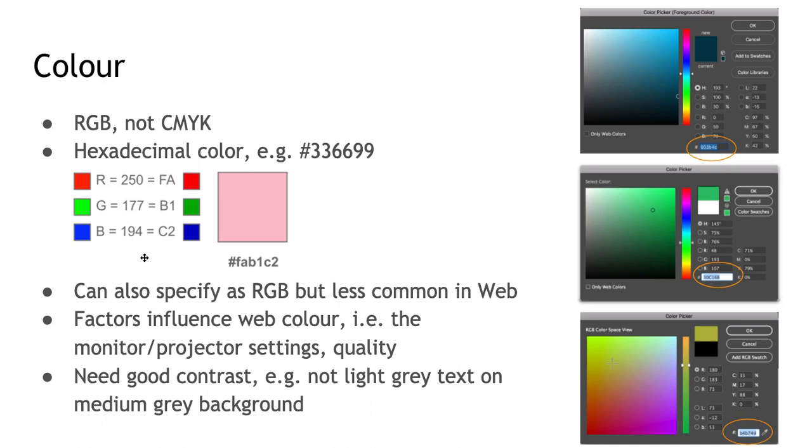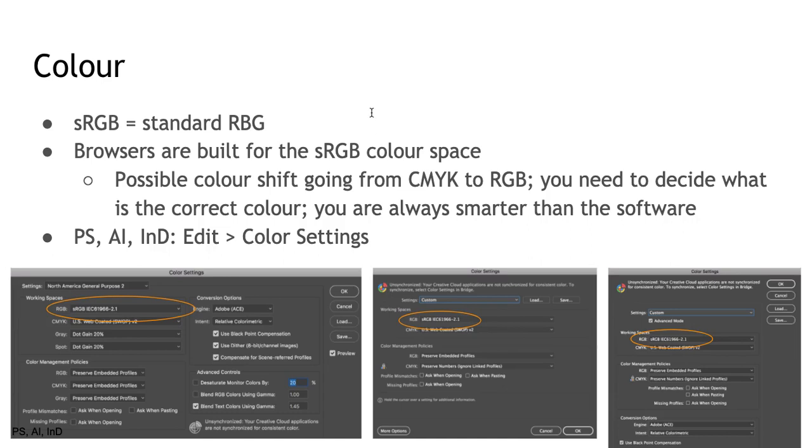In your various software programs, so Photoshop, Illustrator, and InDesign, you can generally find the hexadecimal number at the bottom of the color picker. For your color settings, you want sRGB, which stands for Standard RGB, because screens and browsers particularly are built for the sRGB color space.